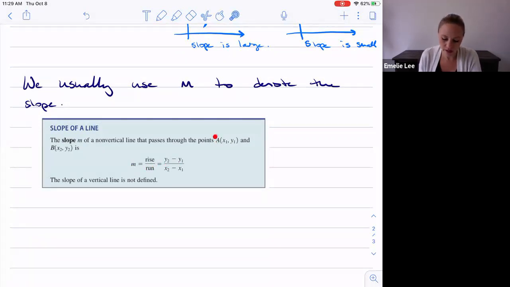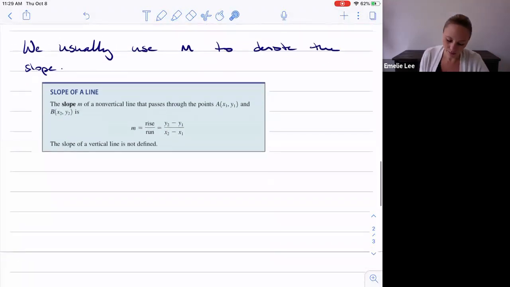And assuming that we have 2 points, so any 2 points, A and B, which we have the ordered pairs x1, y1, and x2, y2. Notice that we just use the subscripts to denote which point it came from. So all the subscript 1s came from A, and all of the subscript 2s came from B.